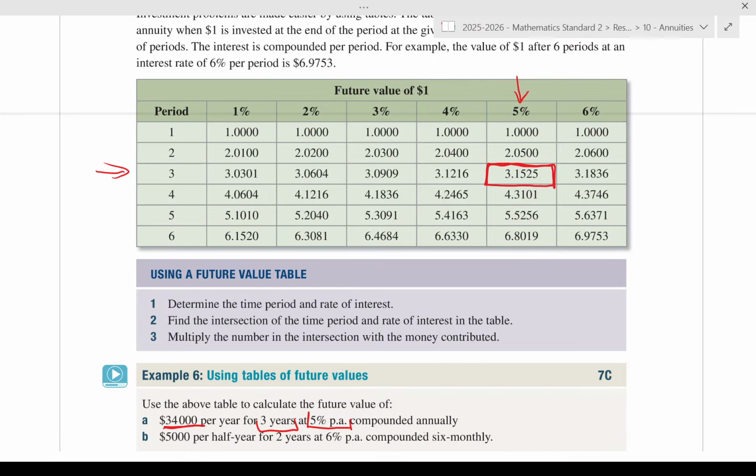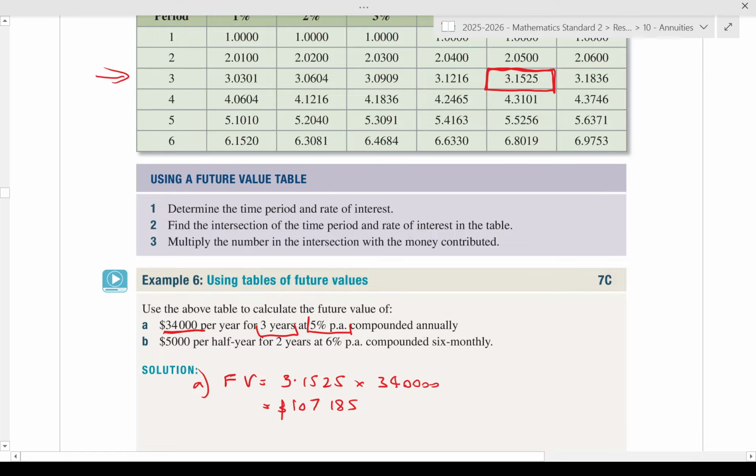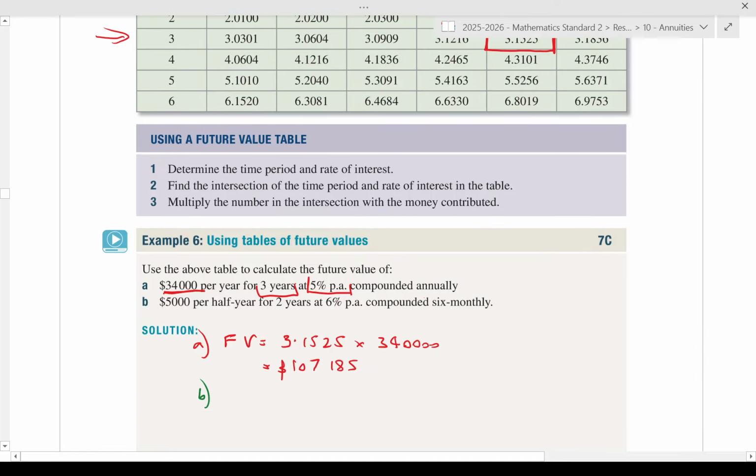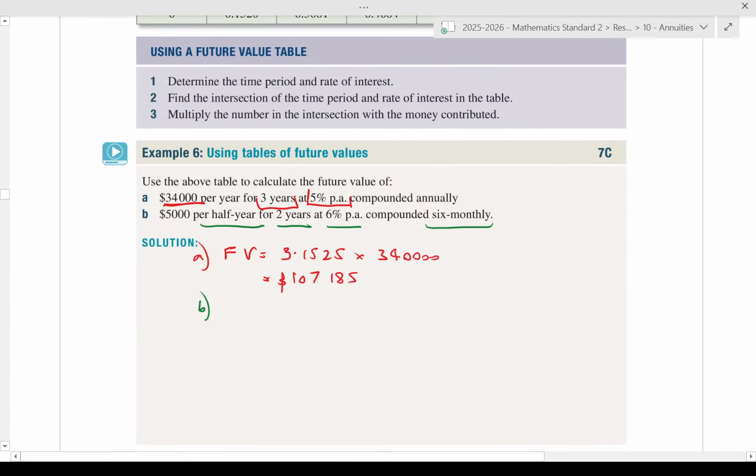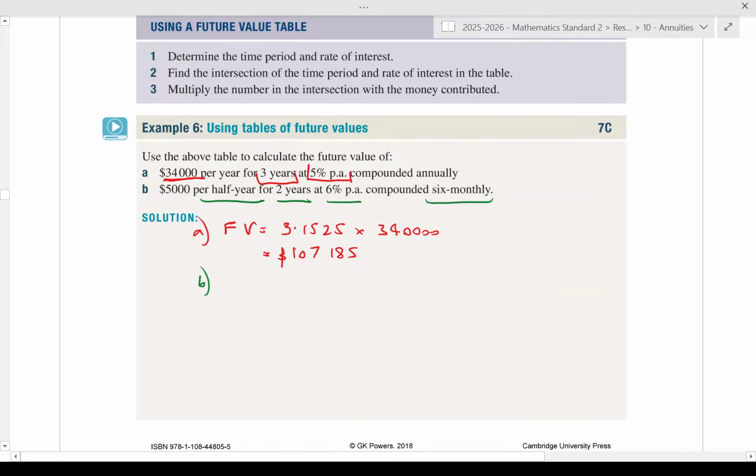All right. So question B is $5,000 per half year for 2 years, 6% per annum, compounded 6 monthly. Okay, so there's a few things we've got to fix in here. So we know it's $5,000, it's 2 years. So we are doing 6% per annum, but we want to divide that by 2.